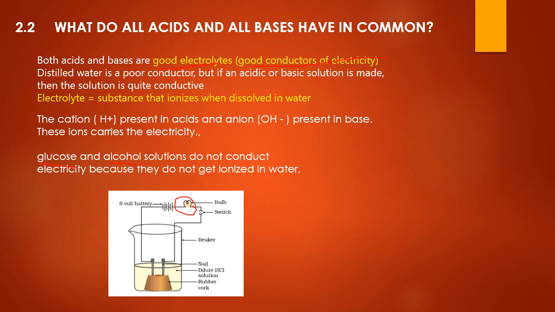They do not release H plus and OH minus ions, which are responsible for carrying electricity, because ions are the carriers of electricity. So when glucose and alcohol do not release ions, electricity will not be conducted. And the substances that conduct electricity are called electrolytes.